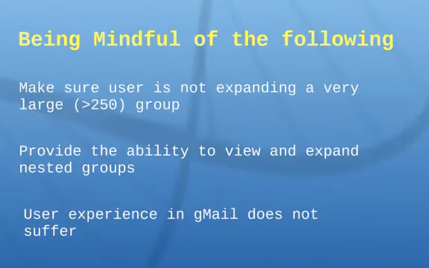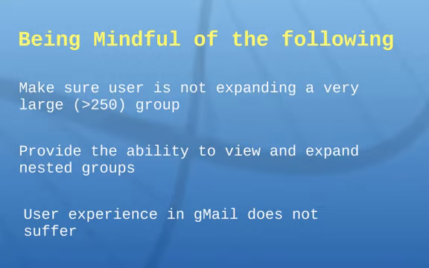Some of the things that we were mindful of is that Gmail today has a limit on how many emails you can send from a single account, and the limit is 2,000. So if you really have a lot of people expanding lists and some of them being large lists or large groups, you can end up with someone's account hitting that limit, and that would prevent them from sending any more emails out.